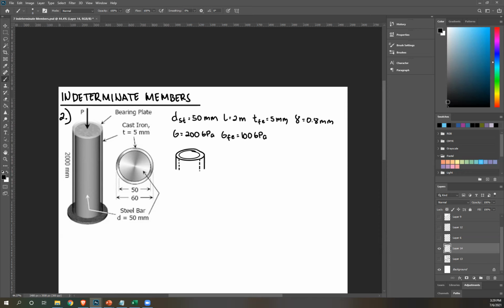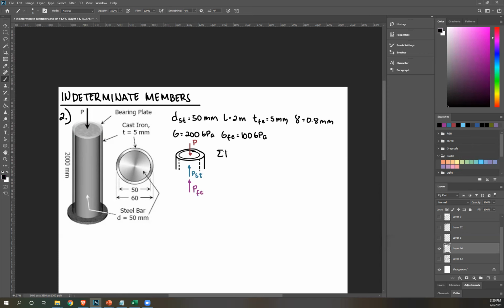Again, you have an applied force, which is what we're looking for. We're looking for P. And then this force P is being resisted by your structure, which is composed of 2 materials. First is your steel. So there's a reaction of steel here. Let's call that PST. And there's also a reaction from your iron. So there's another reaction here, PFE. So that's your free body diagram.